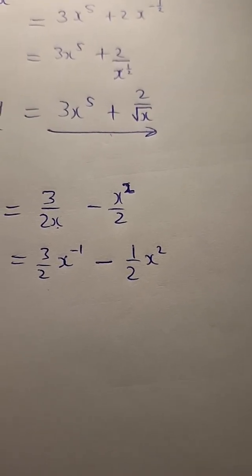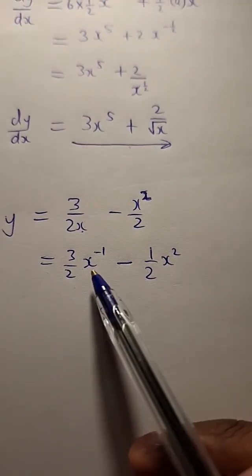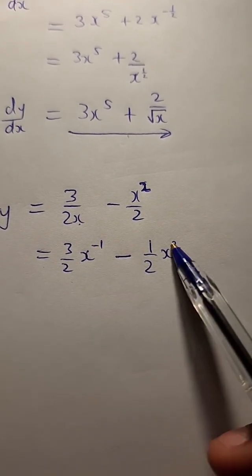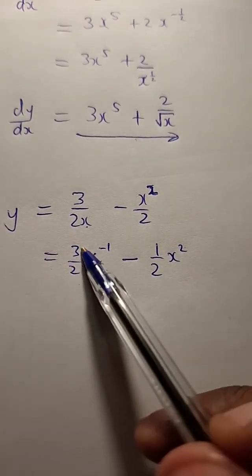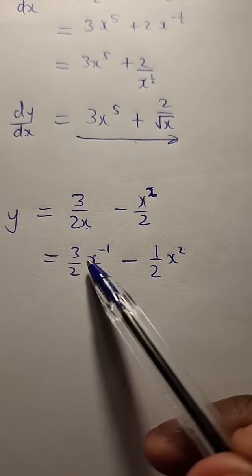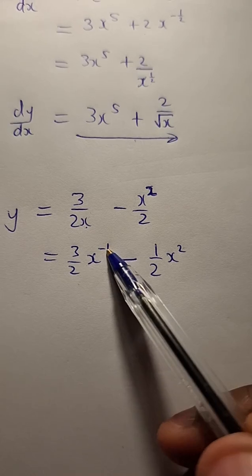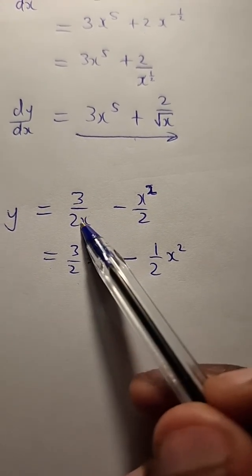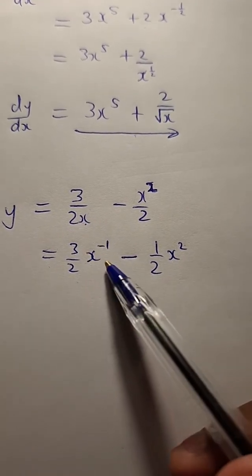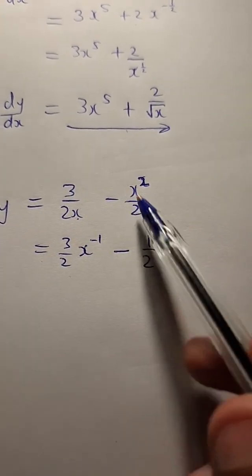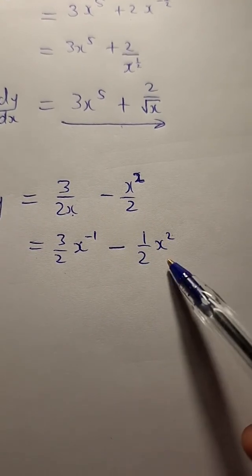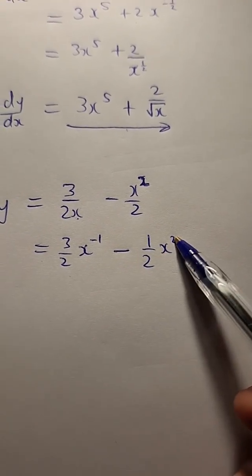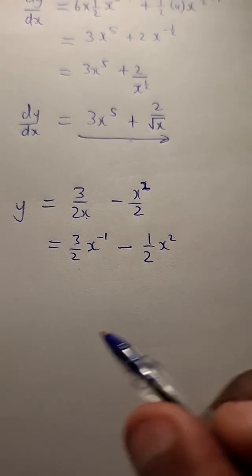Now this x is in the numerator, but we make sure that we write the coefficient well defined on its own with the x raised to the exponent -1, because this x has changed its position from the denominator to the numerator. Then this here is a -half, the coefficient. This x squared was already in the numerator, so it's staying in the numerator as x squared with its positive exponent. Now we are ready to differentiate.